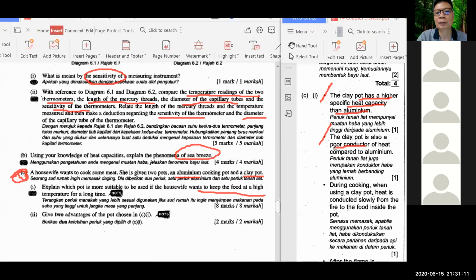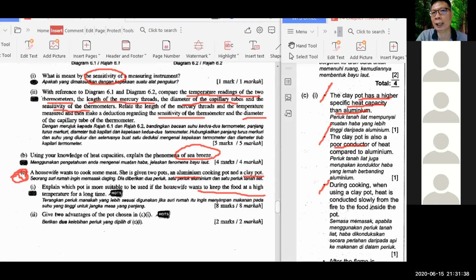Poor heat conductor. And then next, during cooking, when using a clay pot, heat conducts slowly from the fire to the food inside the pot. This is better.